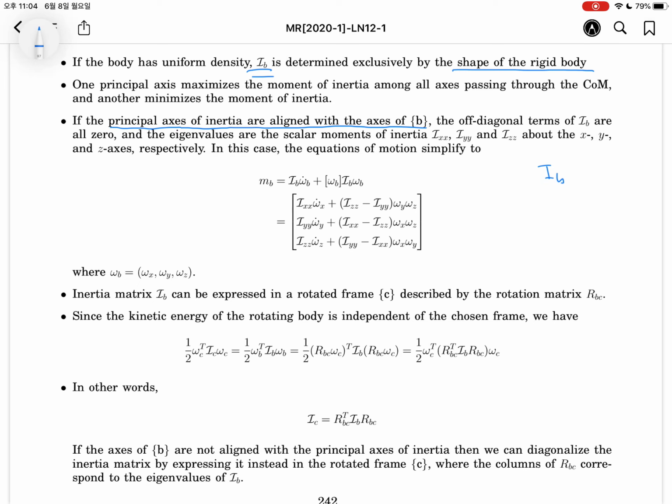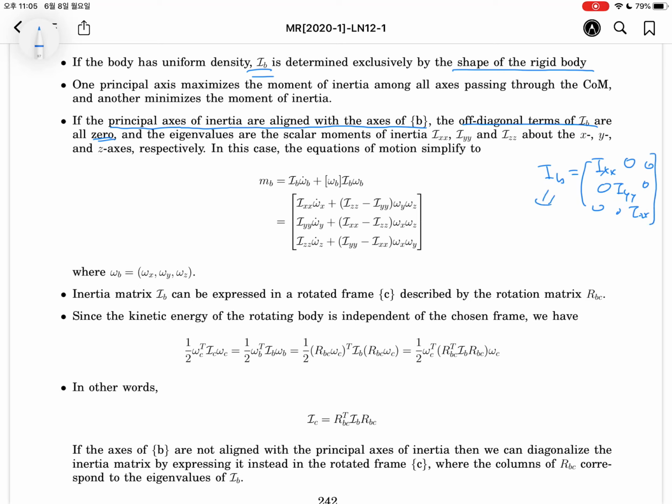Then the off-diagonal terms will be 0. It can be satisfied all the time if we know how to derive the eigenvector of any matrix. So IB can be written using the major axis only. The other part will be 0 if you know the eigenvector: 0, 0 and Izz.